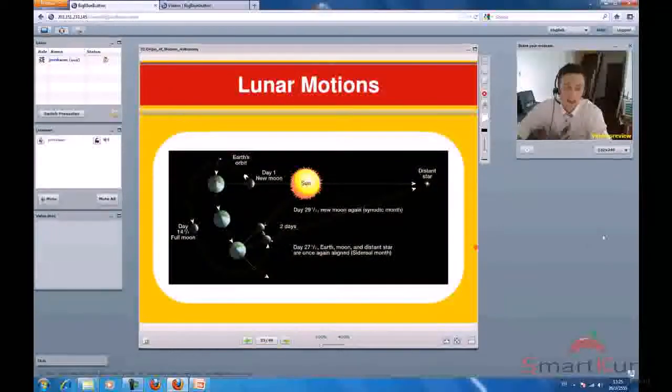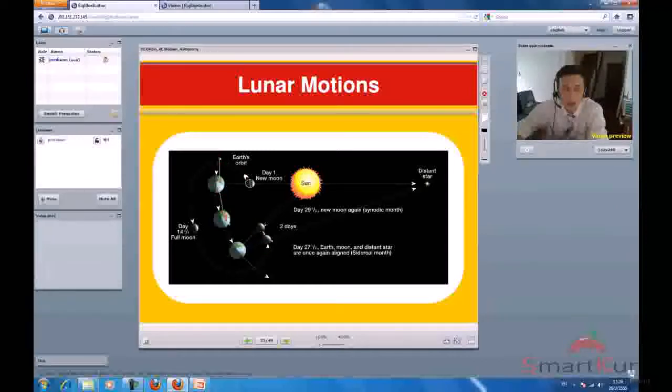Just like the sidereal day is a little bit shorter than the day that we measure, the sidereal month is a little bit shorter than the month that we measure. The difference of 2 days between the synodic and sidereal cycles is due to the Earth-Moon system moving in an orbit around the sun.